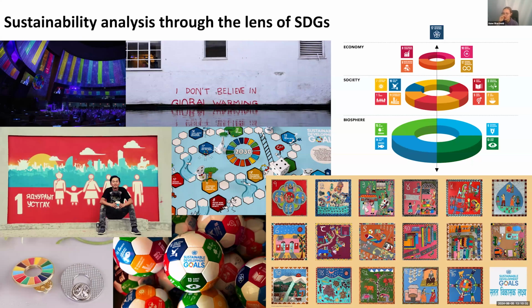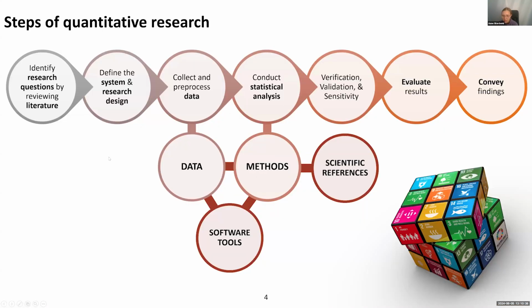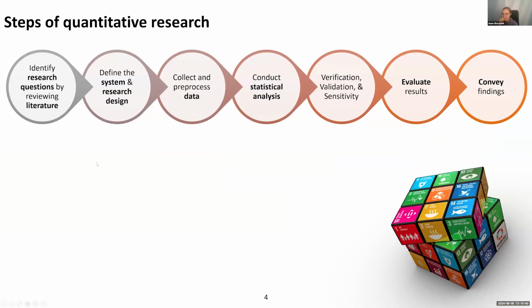So steps in quantitative research that you might want to take. Well, obviously, with every research, first you need to identify some research questions that you're reviewing in the literature by finding research gaps, and then those research gaps you want to address.